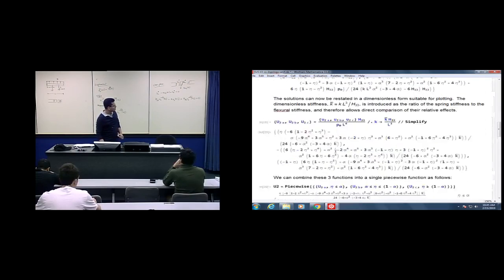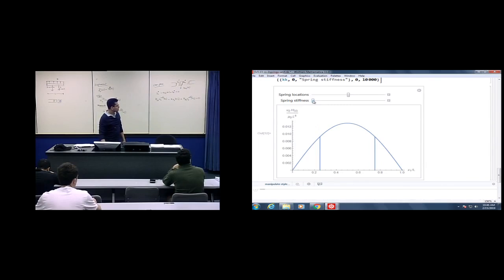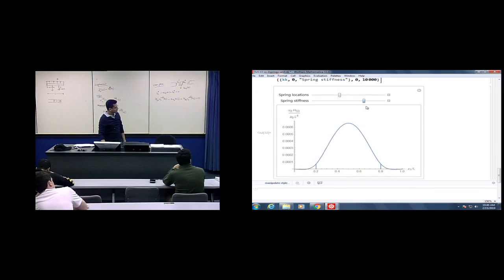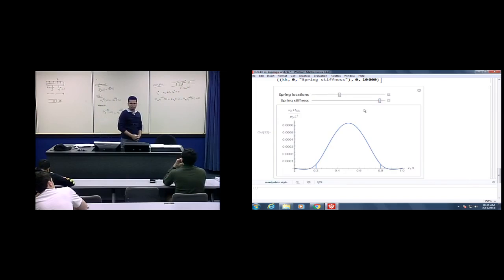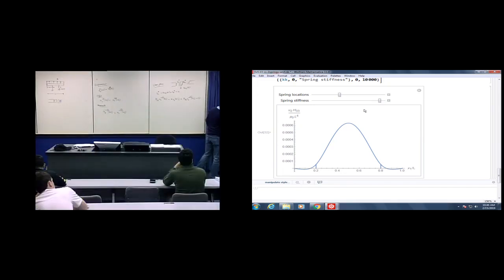So we solve it here, and for example, I can change the spring stiffness here and the locations. So let's fix this location at, say, alpha is 0.2, and now I'm changing the spring stiffness. So you see, after some point of spring stiffness, it just doesn't change the displacement. And if you go on increasing the spring stiffness, the plot will start by going downwards, and then it will pass through 0.2 where the spring was located.